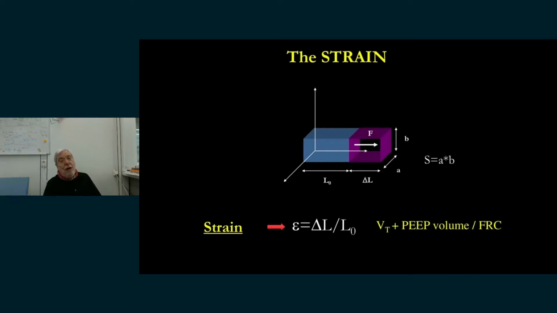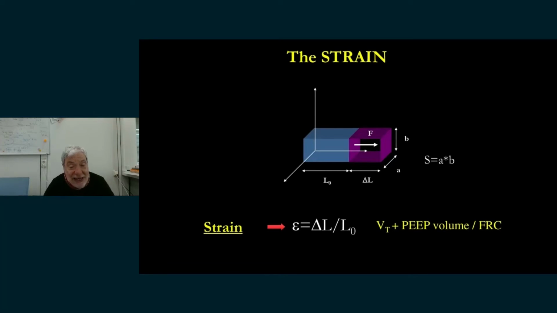Now, when you apply a force to this structure, we have a modification of the shape. This modification is called strain, which is the change in length compared to the resting length.